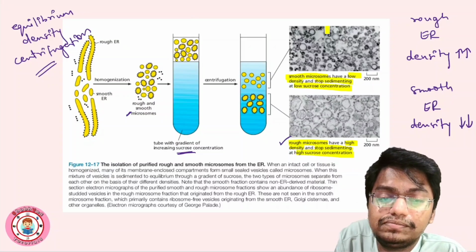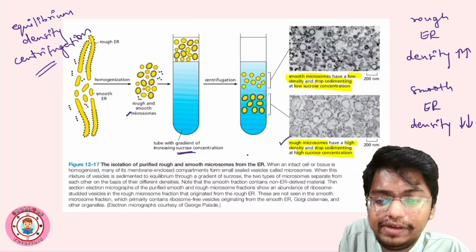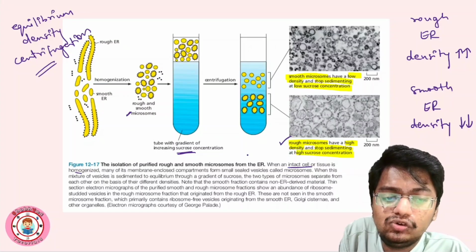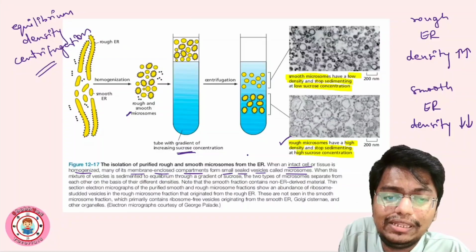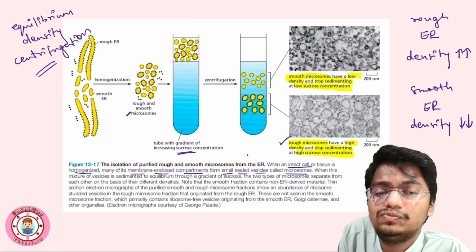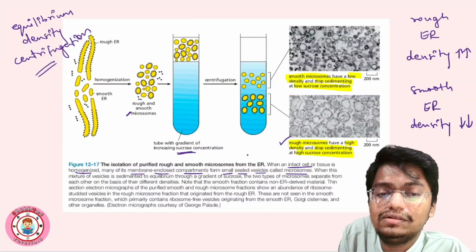Got it? Let's read. When an intact cell or tissue is homogenized, many of its membrane-enclosed compartments form small sealed vesicles called microsomes. Okay, meaning these compartments form small membrane-enclosed vesicles which we call microsomes.